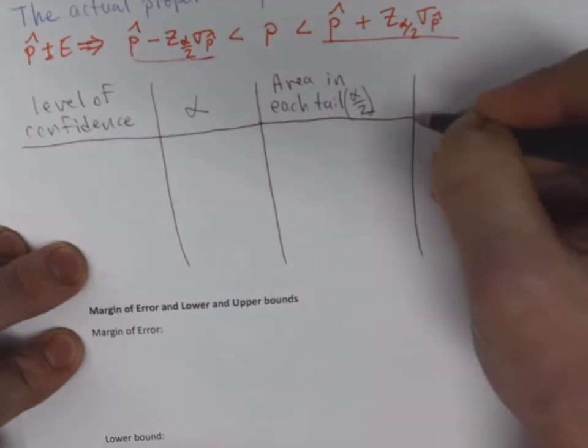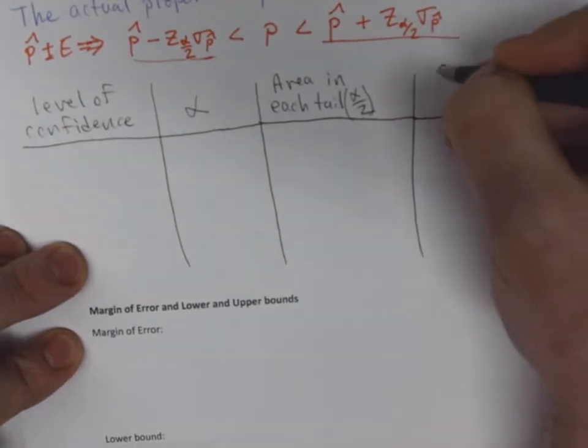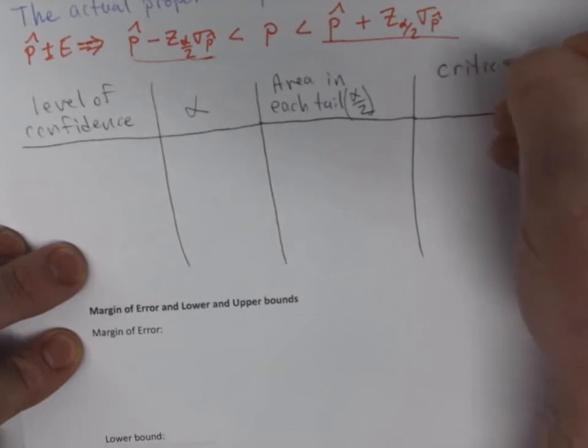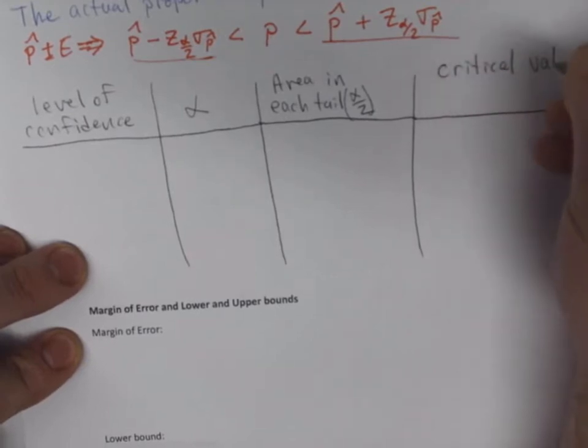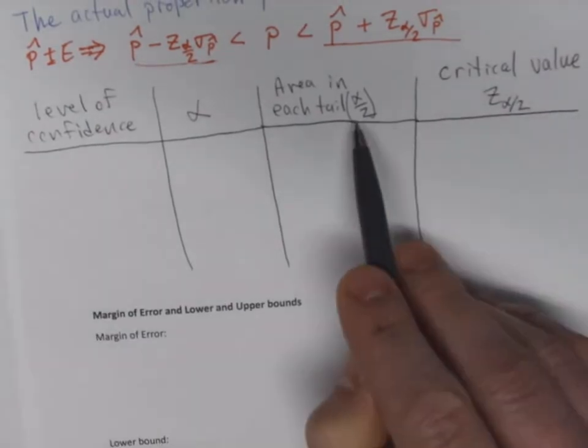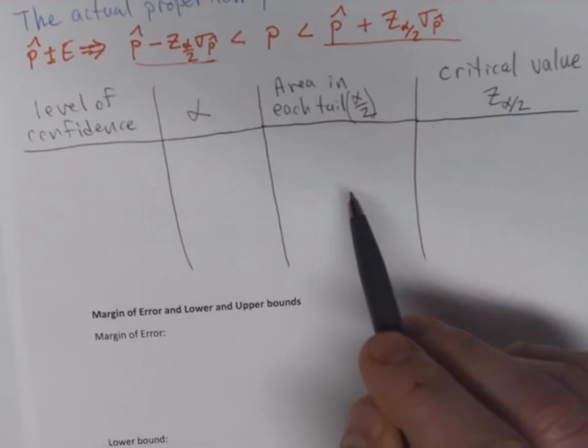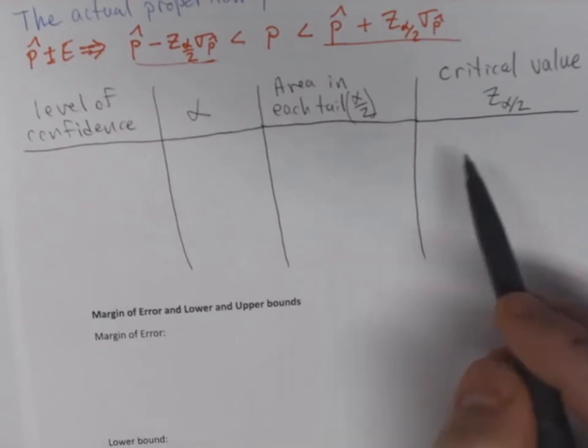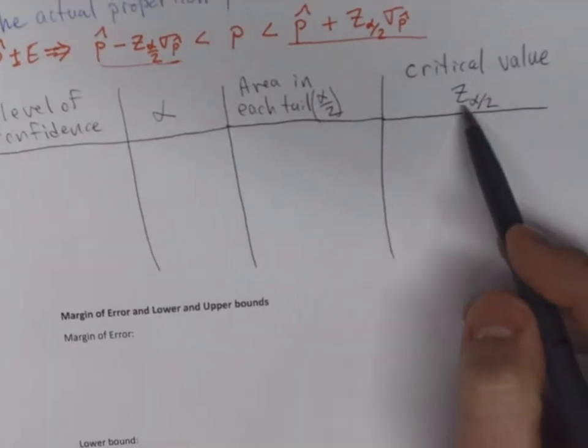And lastly, this is the value we want, the critical value. The critical value is Z alpha over 2. So here, this is just telling you the area in each tail, like I showed you in the previous video. And the critical value is when we actually look that up in the table.